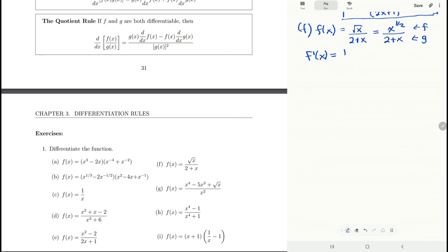So the derivative of x to the 1/2 is 1/2 times x to the negative 1/2 multiplied by g. So that's 2 plus x. We then subtract f, which is x to the 1/2, times the derivative of g, which is 1. And that's all over 2 plus x squared.